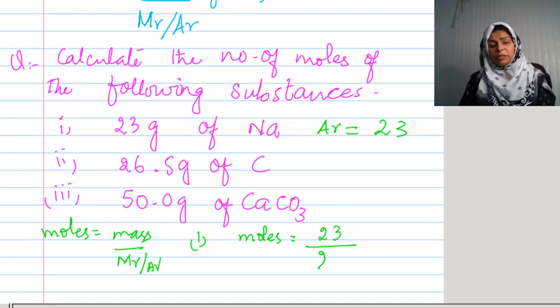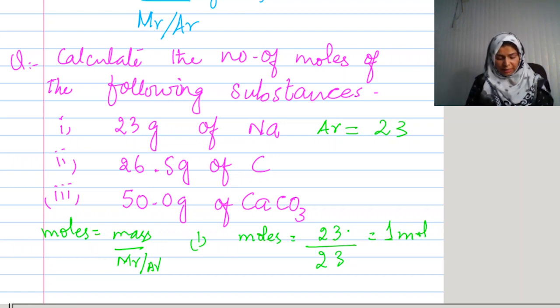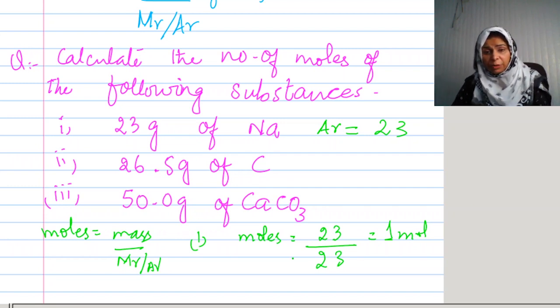If we divide by 23, there will be 1 mole. The abbreviation for mole is mol. For the next question, try to solve it by yourself.